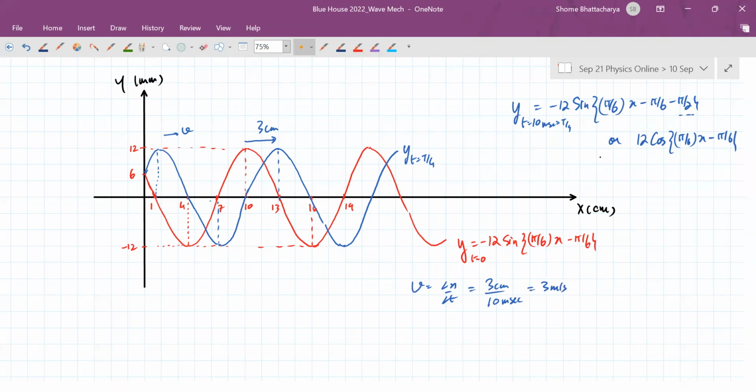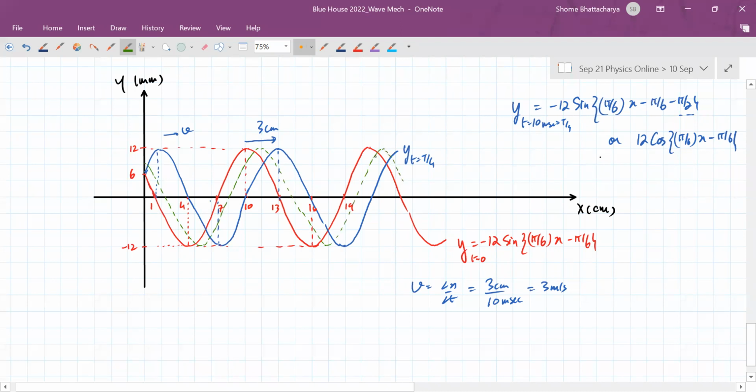Okay. Now on this, if you superimpose the earlier graph that we had drawn, you can understand how the whole wave shape is traveling or propagating.